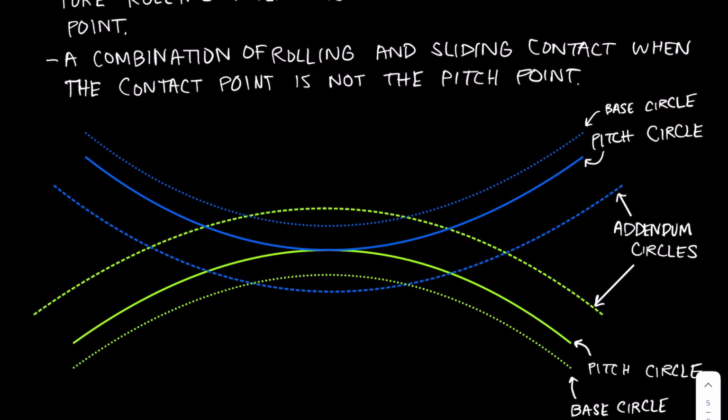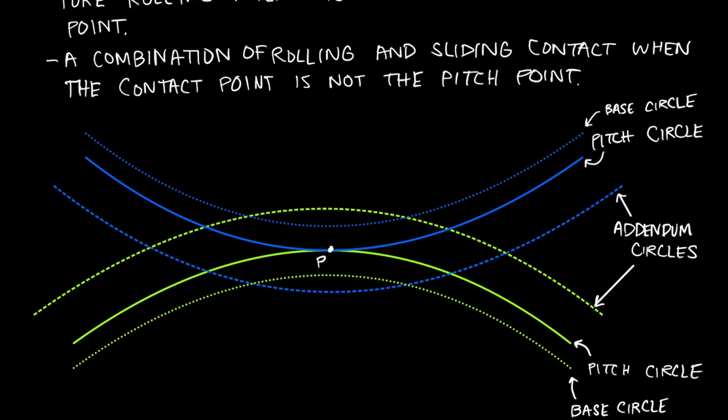Our pitch circle, remember, is the theoretical circle that we use for many calculations. It intersects the pitch circle of the mating gear at a single point called the pitch point. And then we have these addendum circles drawn, and those correspond with the top side of the teeth on either gear. Now, the pressure line, the line of action of the contact force, starts at the intersection between the base circle and the addendum circle for one gear.